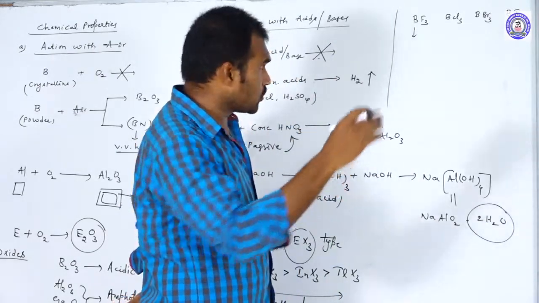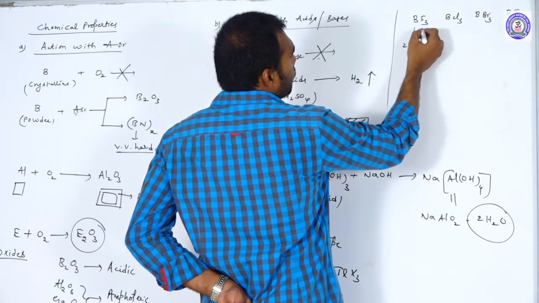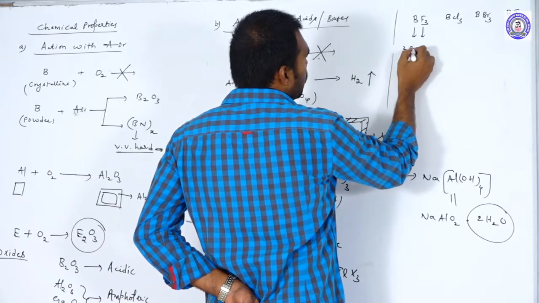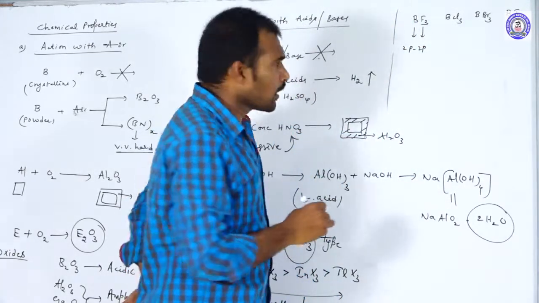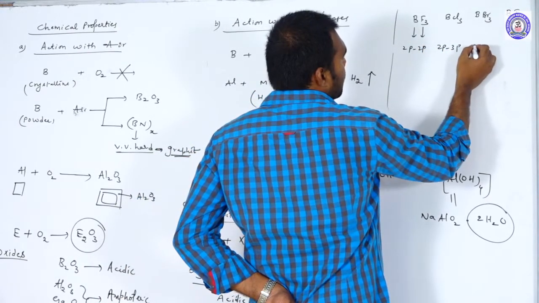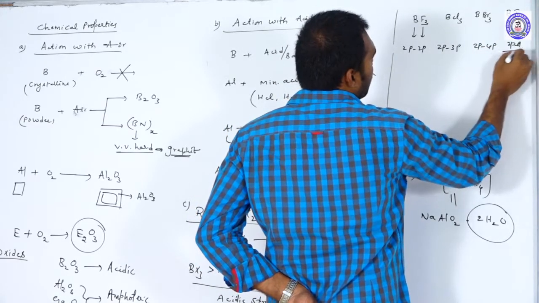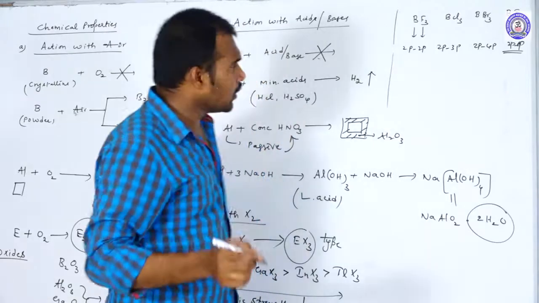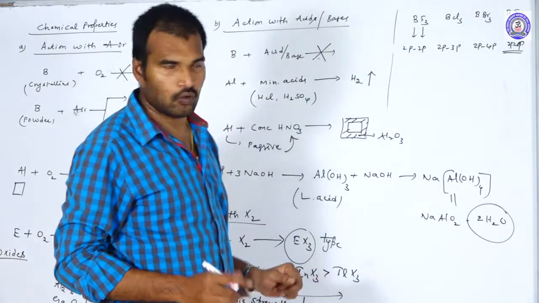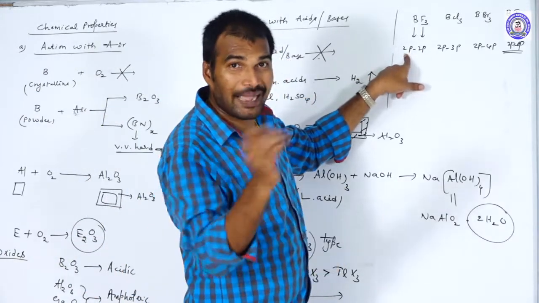Group 13, and which period? Second period. So here 2p-2p overlapping, 2p pi bond. Here 2p-3p pi bonding, here 2p-4p pi bonding, here 2p-5p pi bonding. This is pi bonding, back bonding.